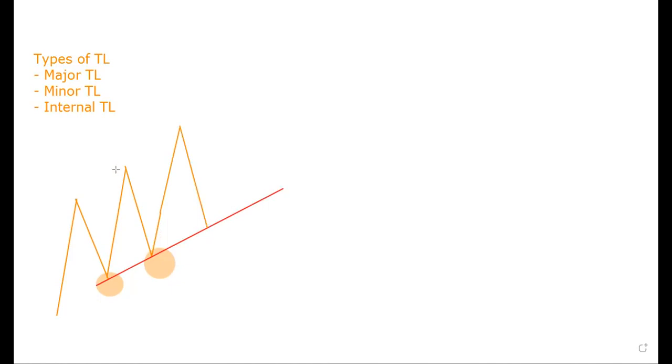Because at this point, price has broken above this previous high to give us a higher high, and the expectation would be that price comes to give us higher lows here. So this is how you draw your trend lines.